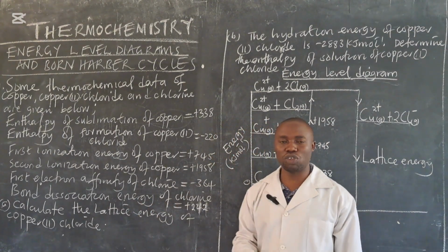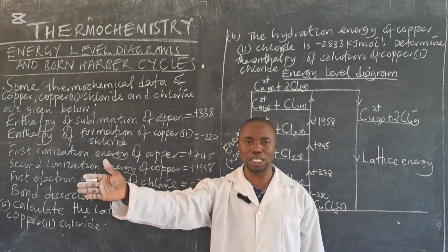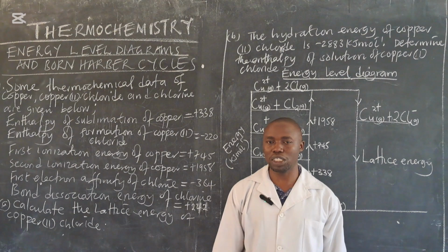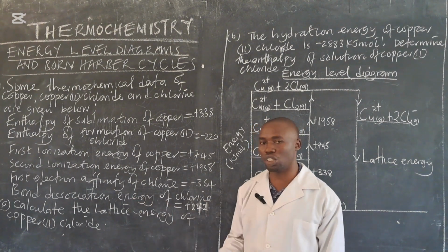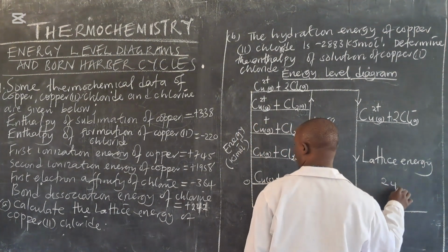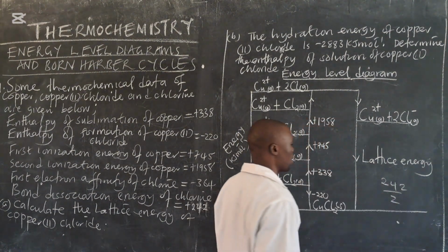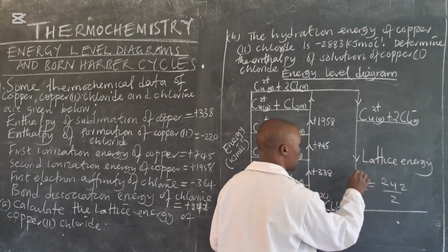I always advise when they give you bond dissociation energy, first convert it to atomization energy. It is easier to interpret atomization energy. So atomization energy is got by dividing bond dissociation energy by 2. So roughly I'll divide 242 out of 2. Then this means I will have got atomization energy.